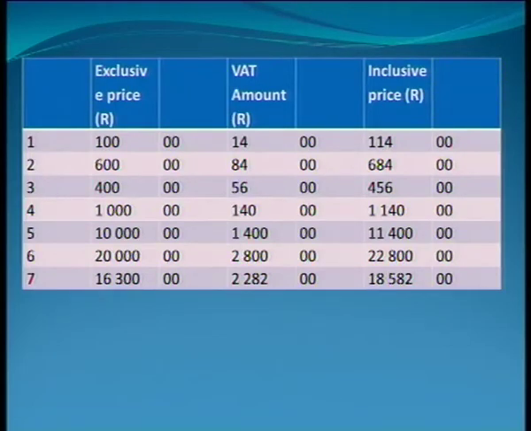The $5 will be the exclusive amount. Then your inclusive amount is the $5 plus VAT, which is 14%. So your inclusive amount takes account of the VAT. Your exclusive amount, on the other hand, does not include your VAT.